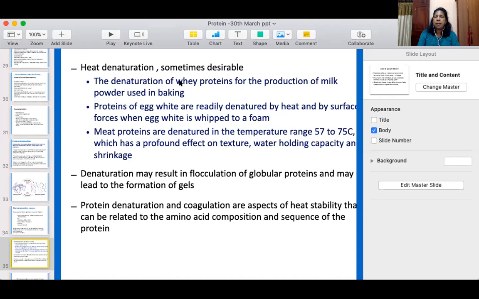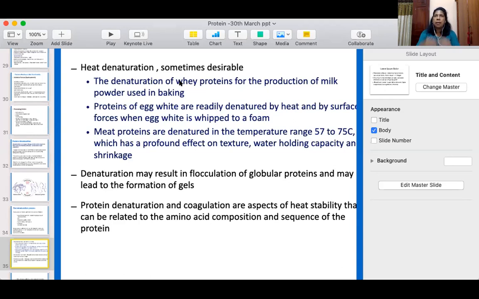Why? It's readily denatured by heat and by surface forces. When you use surface forces, you can make a whipped cream or a foam, because it can entrap the air.